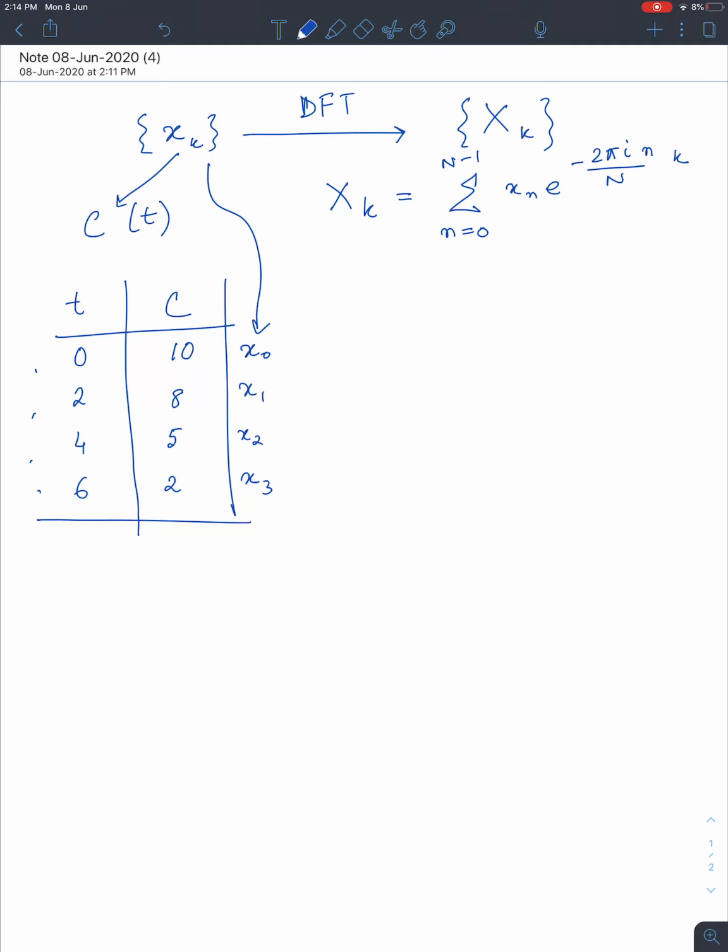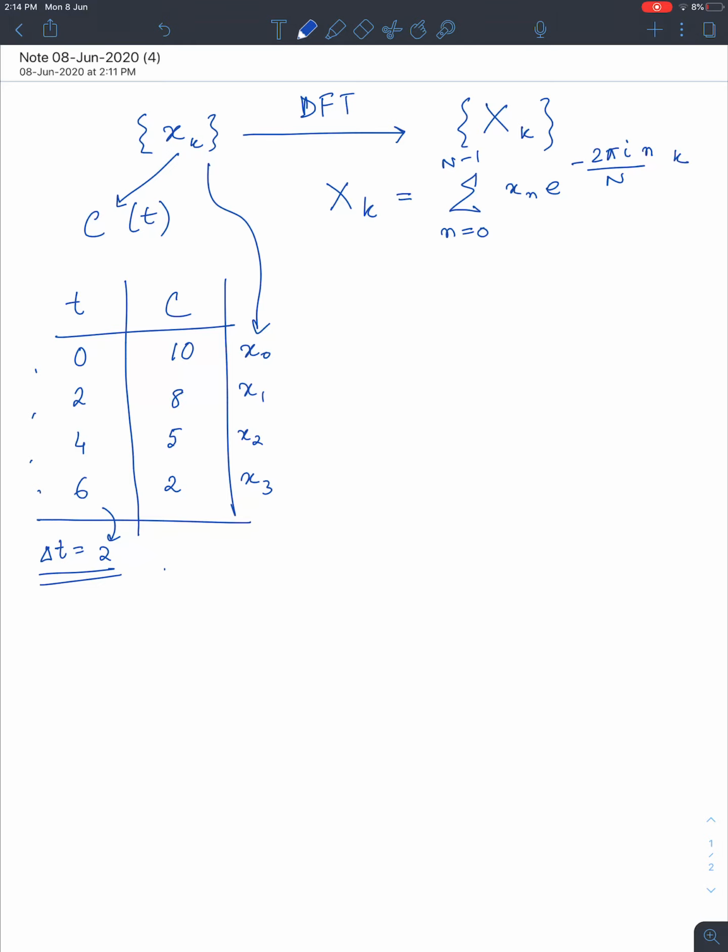Delta t in this case is 2, but for this formula delta t is actually not required. We just number them sequentially x0, x1, x2, x3, and we could have several more. Let's say we have these 4 points.